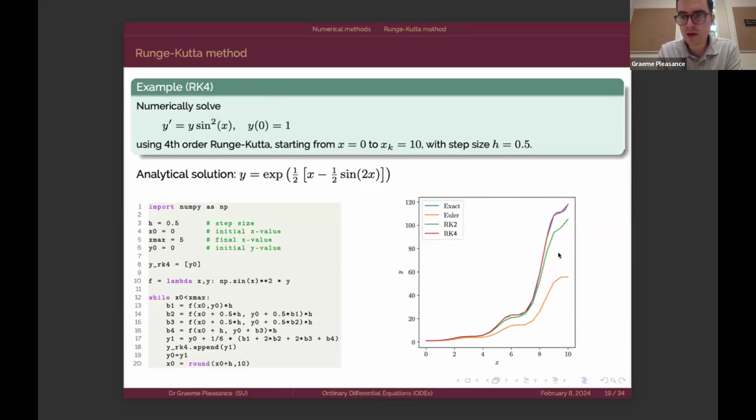Based on the analysis that I showed, we generally expect the Euler method to perform worse, and that's because the local truncation error that you incur at each step in this iterative procedure generally scales less well with the step size. For the Euler method, it scales as the square of the step size. For the Runge-Kutta, for RK2, it scales as the cube of the step size. For RK4, it scales as h to the 5, etc. So generally Runge-Kutta tends to perform better than the Euler method in approximating the solution to first order ODEs, and that's what this figure illustrates.